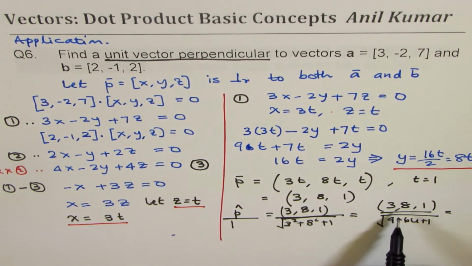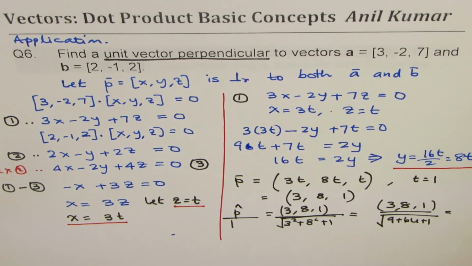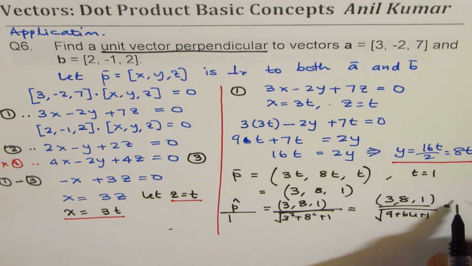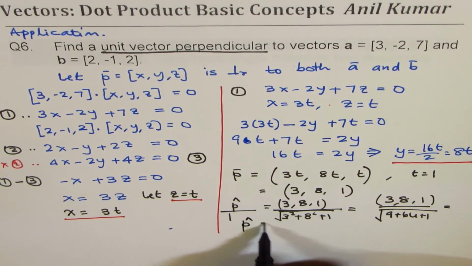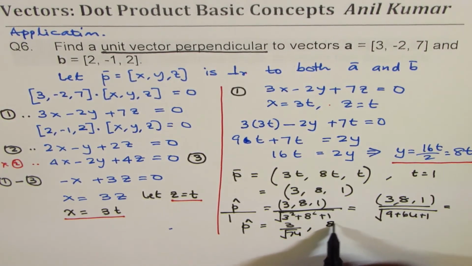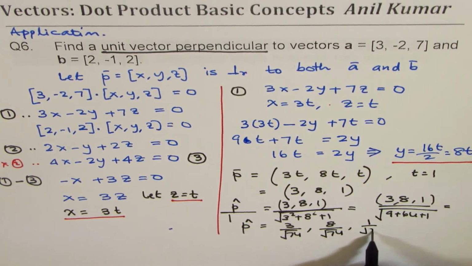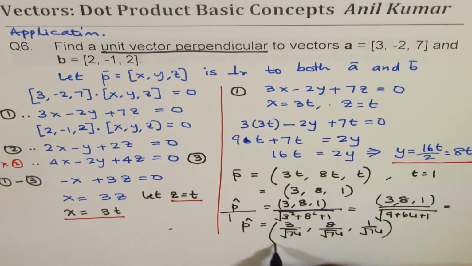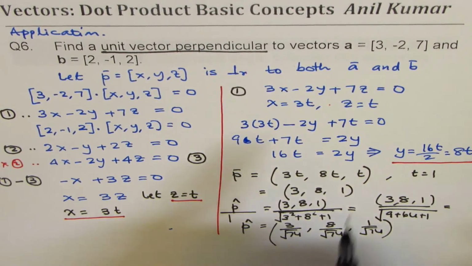So the vector will be given to us as 3 over square root of 74. Let me rewrite this somewhere. Okay, let me just push this here. So we get here that the unit vector P is 3 over square root of 74, 8 over square root of 74, and 1 over square root of 74, correct? So that becomes the unit vector. Perfect.